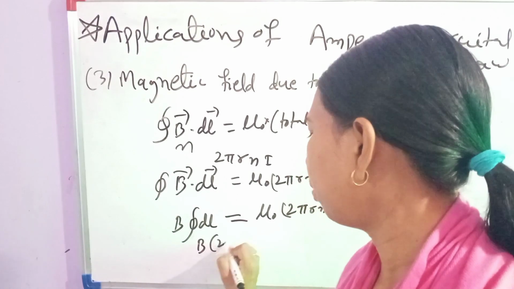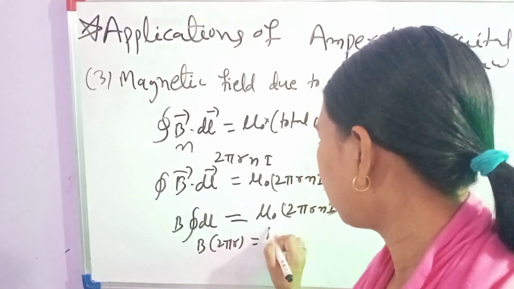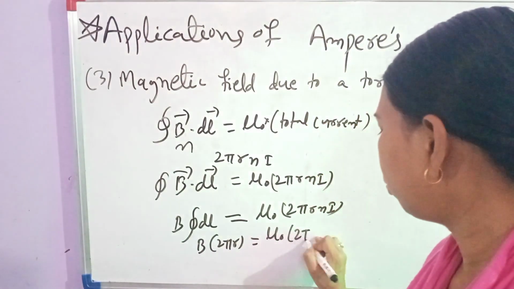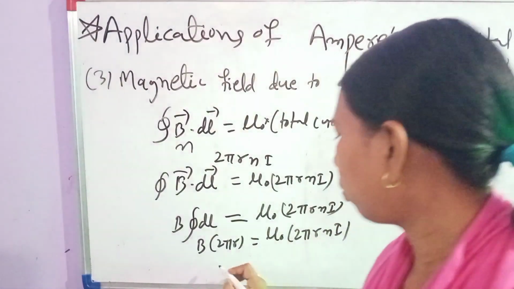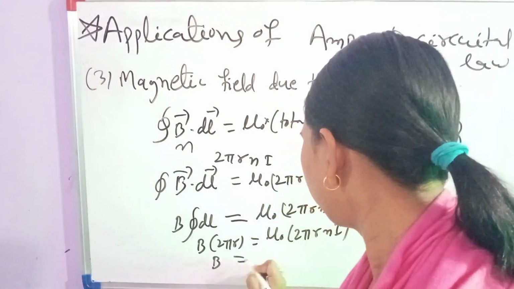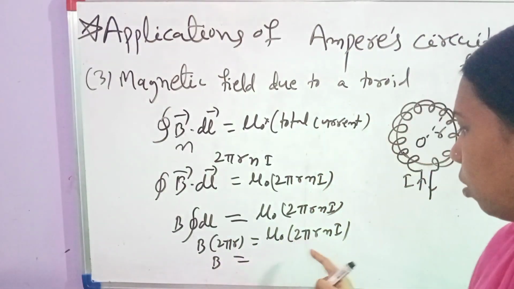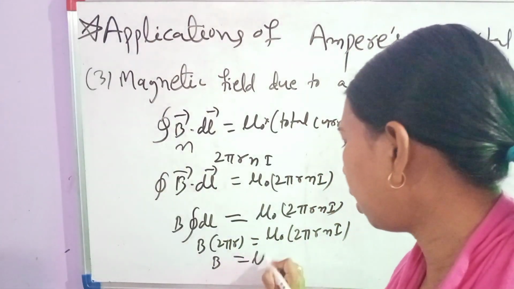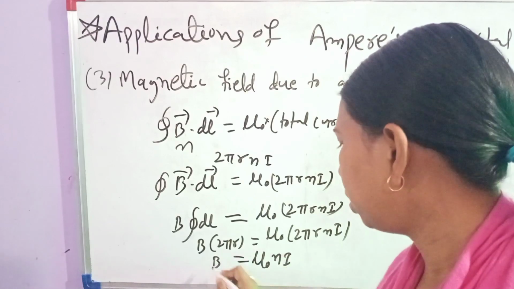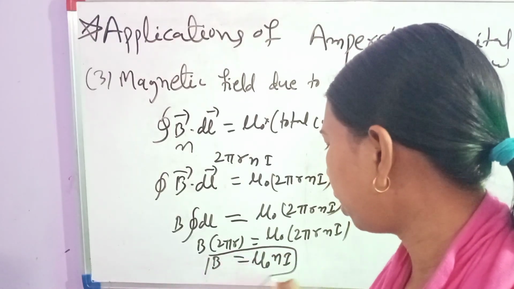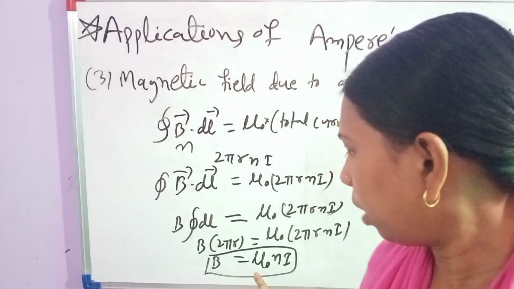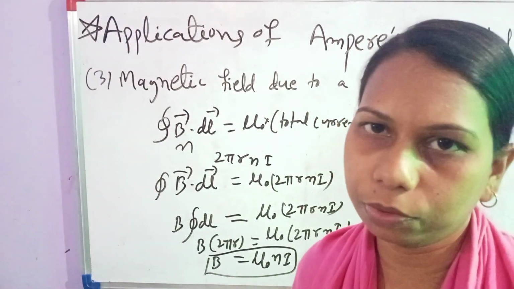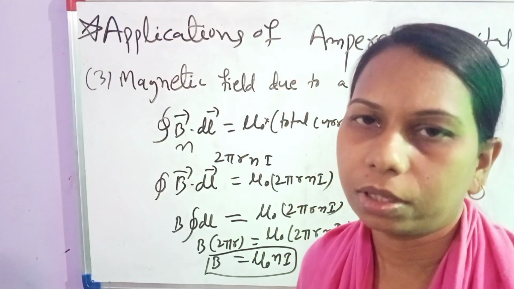So B into 2 pi r equals mu naught 2 pi r n into I. So B equals, 2 pi r being cancelled, mu naught n I, which is the required expression for magnetic field due to a toroid. The formula is similar to magnetic field due to a solenoid. Thank you.